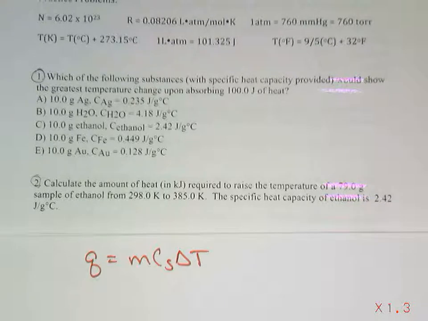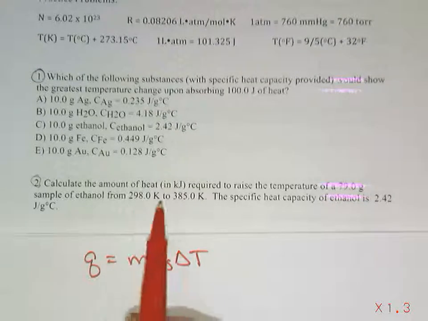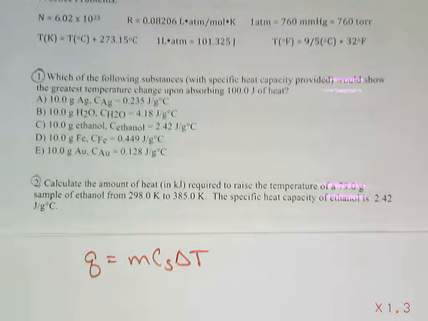If I'm at 1 degree Celsius, I'm at 274 Kelvin. 2 degrees Celsius, 275 Kelvin, right? It's the same amount of degrees. So the difference in Kelvin is equal to the difference in Celsius. You could certainly convert both of these to degrees Celsius and then find the difference, or you just take the difference, because it's the same, and then plug it in.